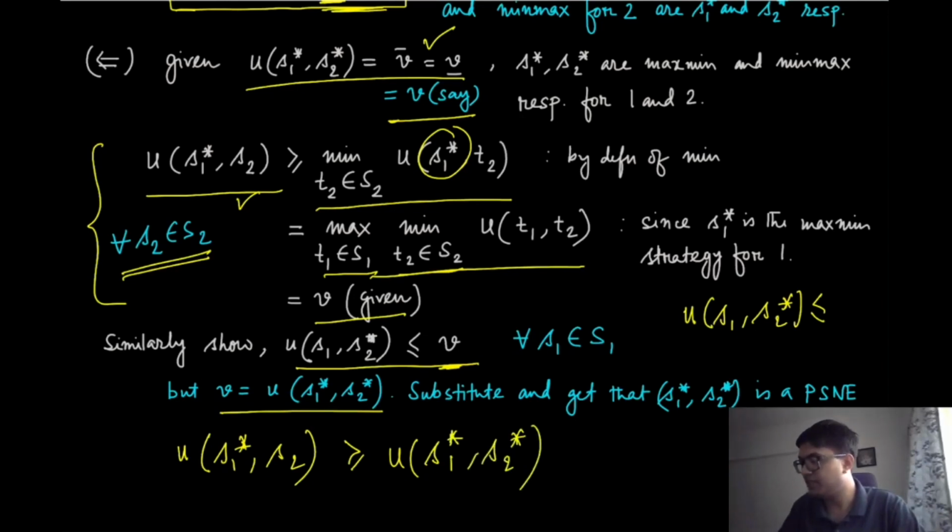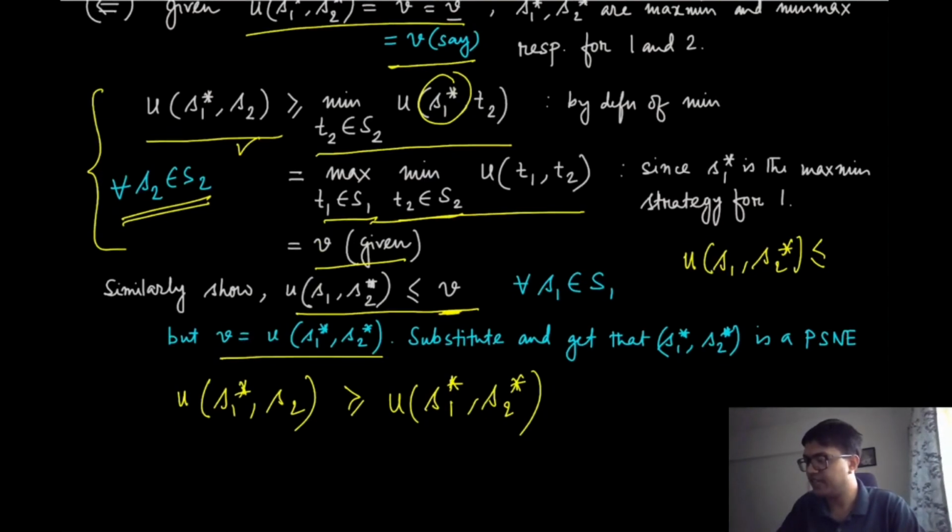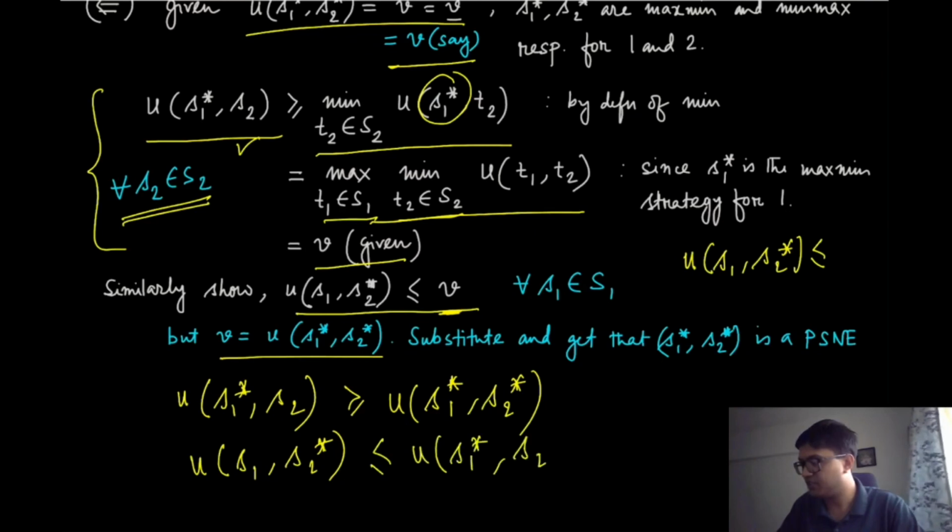Therefore the definition of PSNE is essentially this, and from the second implication you can show that this is S2 star, and if the other player is holding on to that strategy, then this is going to be less than or equal to U of S1 star comma S2 star, and this holds for all S2 and this holds for all S1.